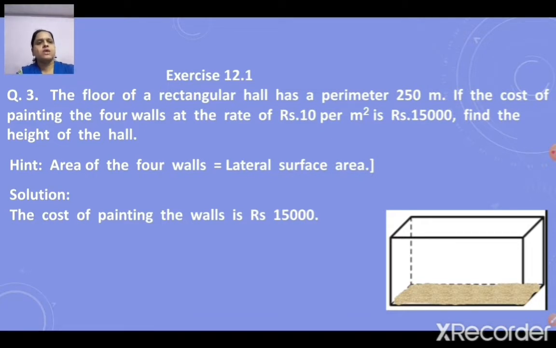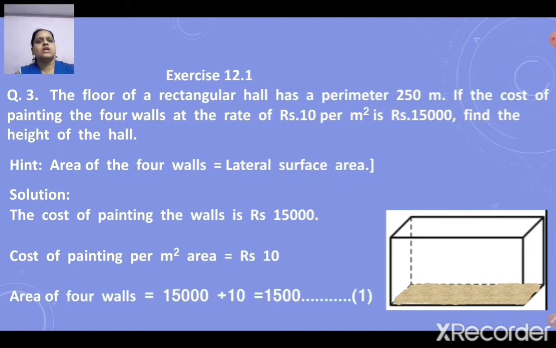The cost of painting the walls is rupees 15,000, which is already given. The cost of painting per meter square area, for 1 meter square, is 10 rupees, and the total cost is 15,000. So by using that, we can find the area.